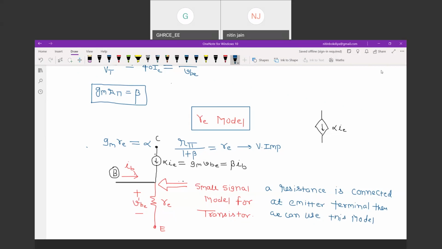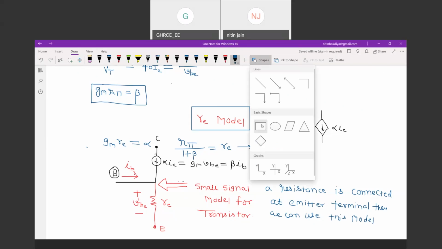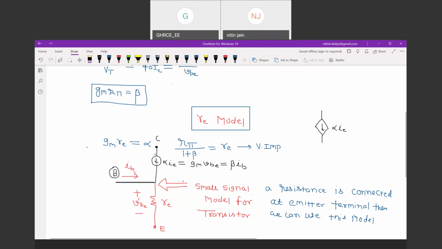This is the highlighted point in the discussion.